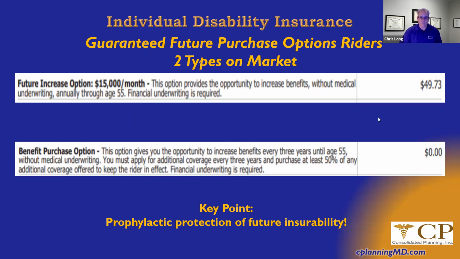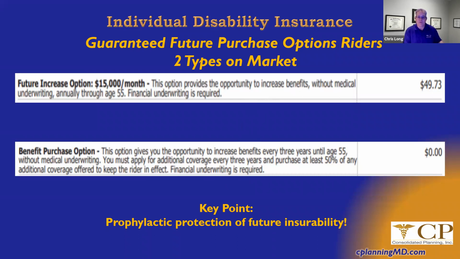Now, one that we're starting to see more and more people use is this benefit purchase option rider. And I think the main reason is it doesn't cost anything. Now, instead of giving you an annual option to increase coverage, here they give you an option every 3 years. It's a little more cumbersome because every 3 years, you literally have to complete an application applying for additional coverage.